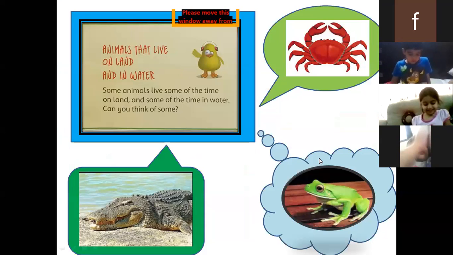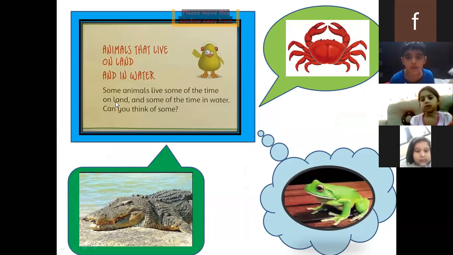Now let's read something more interesting. Animals that live on land and in water. They live on both. Let us see. Some animals live some of the time on land and some of the time in water.